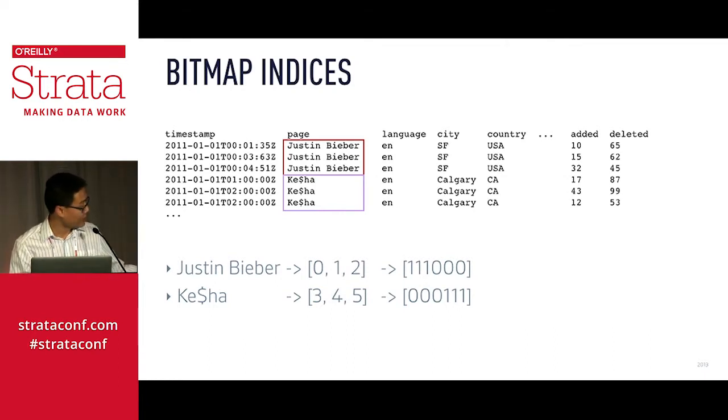So in this example here, Justin Bieber has some binary array associated with it where the first 3 values are marked as true. And similarly, the other value, Kesha, here has a binary array associated with the last 3 values marked as true, indicating which rows these values appear.